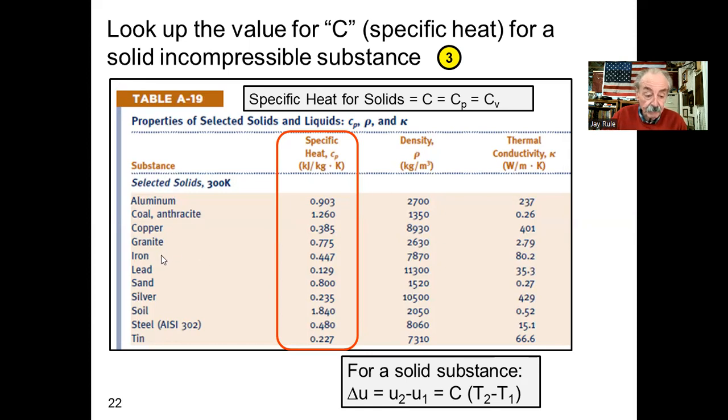So if your material is steel, then you would look up the specific heat. And here in the table, it says C sub P, but recognize that for solids, C sub P equals C sub V equals C, specific heat. So there you go. That's the way you determine the change in internal energy for a solid.